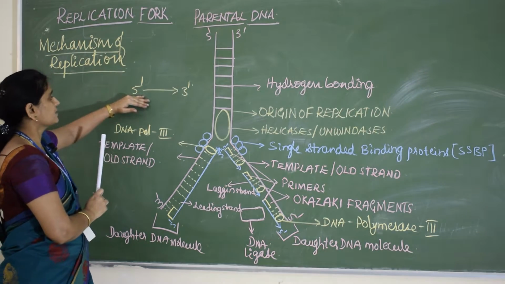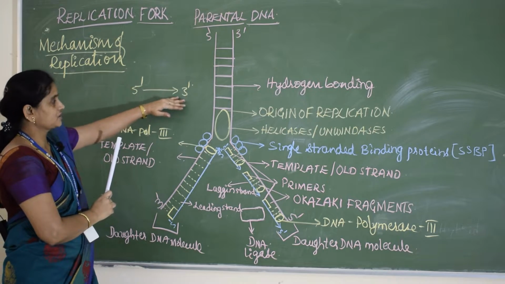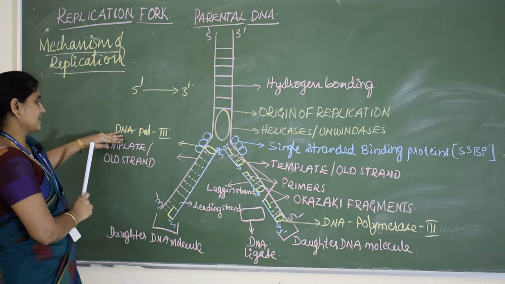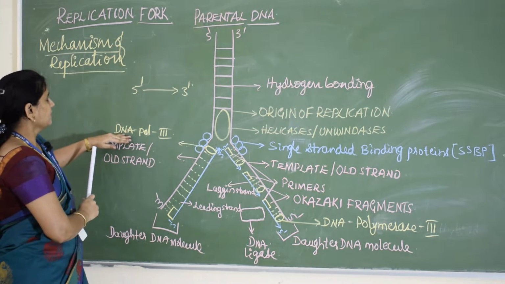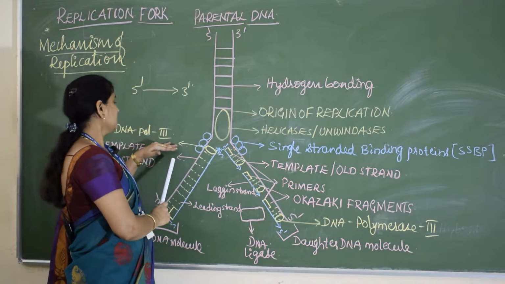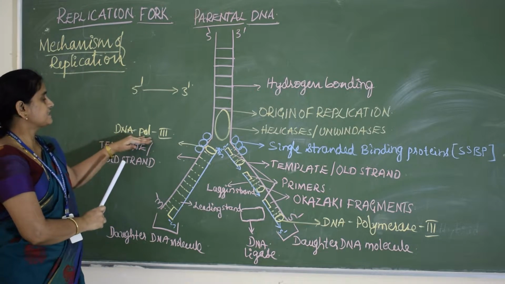This DNA polymerization takes place by the enzyme called the major DNA polymerase, as I mentioned in the last case, that is DNA polymerase 3.